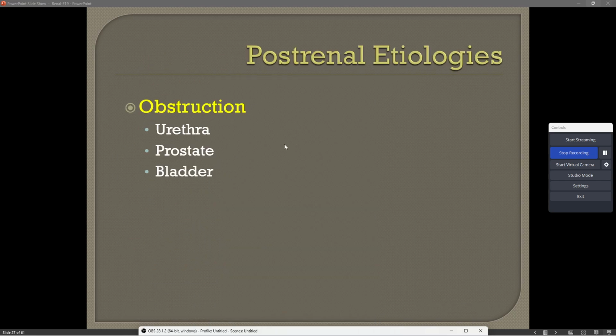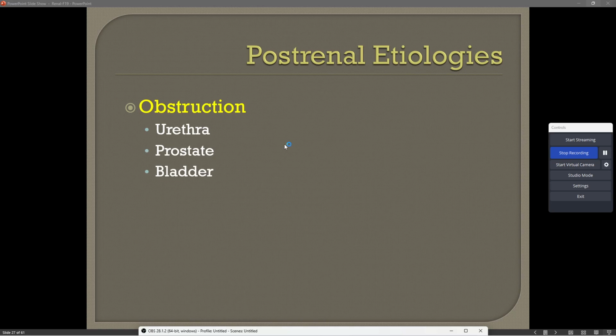Postrenal, pretty simple actually, and almost all of them fall under mechanical in nature. What I mean by mechanical is that it's going to be a physical obstruction, not in the actual blood flow path, but the urine path. So either the ureters themselves are blocked by like kidney stones, and I have seen that, or maybe the bladder is damaged, injured, went through some trauma, has scar tissue, etc. Okay.